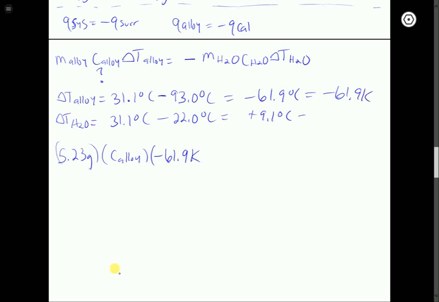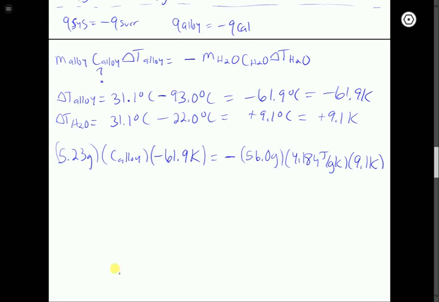For delta T, remember, Kelvin and degrees Celsius are interchangeable because the units are the same size, so the difference between two temperatures is the same in either Celsius or Kelvin. And then we set that equal to the negative of the mass of the water. We're told in the problem that's 56 grams. The heat capacity of water is given, and we should know this one. We'll see it all the time. And then delta T for water is 9.1.